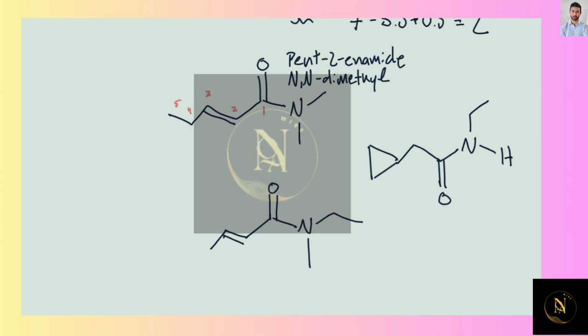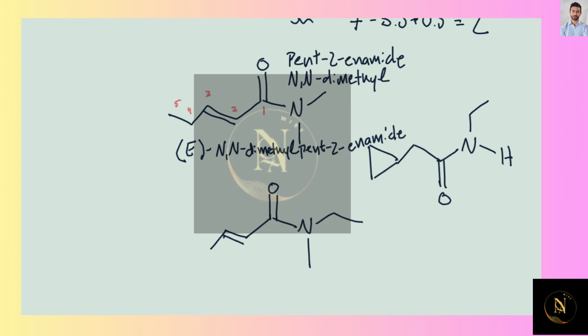Okay, so altogether then, this would be E-N,N-dimethylpent-2-enamide. If we didn't have the double bond, this would be a pentanamide. Okay.